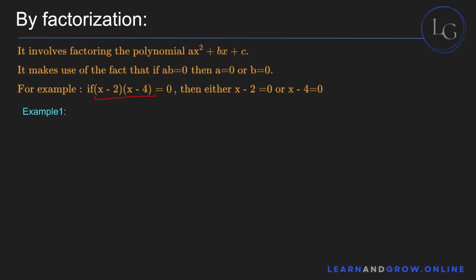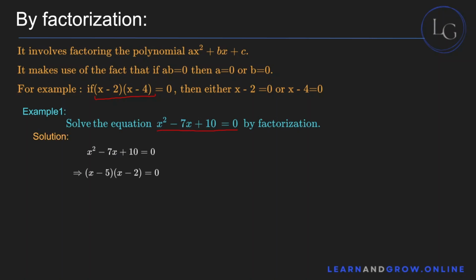Simple. So let's just say we have this quadratic equation here. We must convert this into this. Now, how do we do that? Well, over here the value of a is 1 and the value of c is 10. So what we'll do here is a multiplied by c, which is 10.